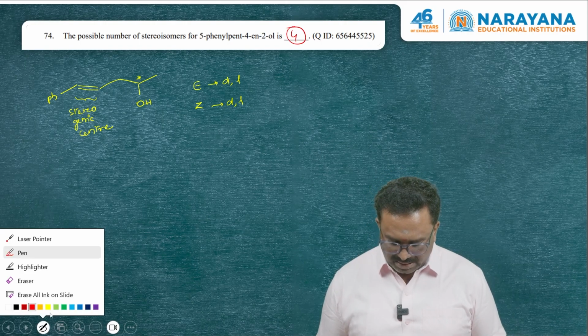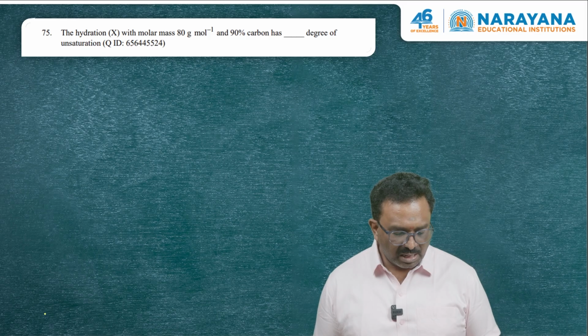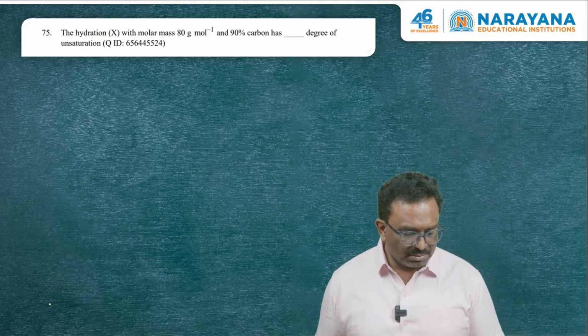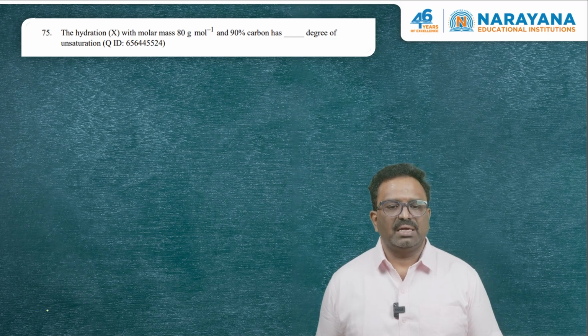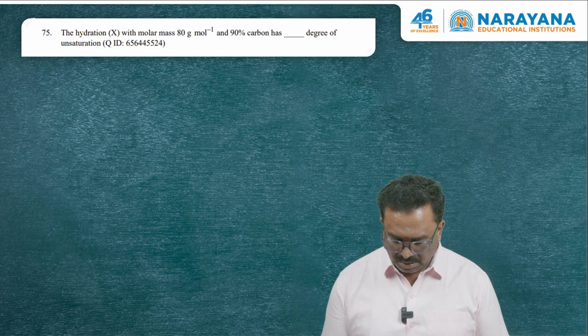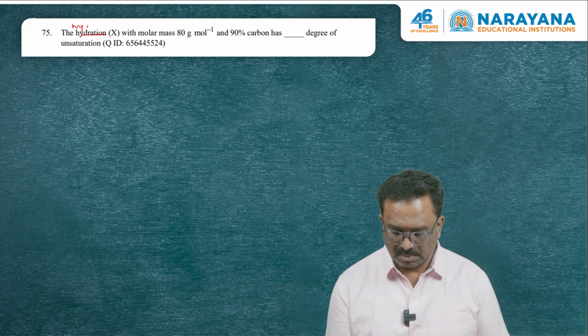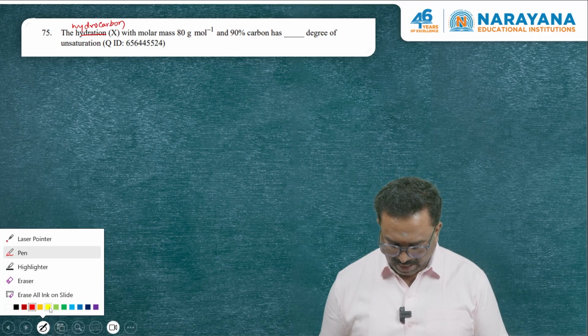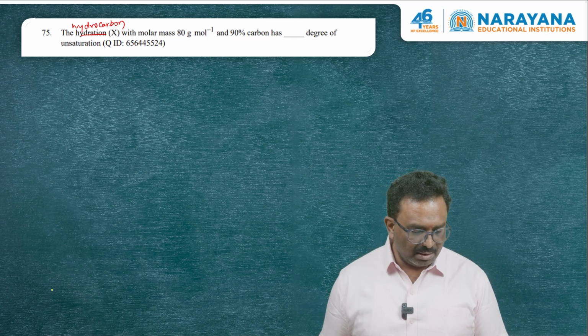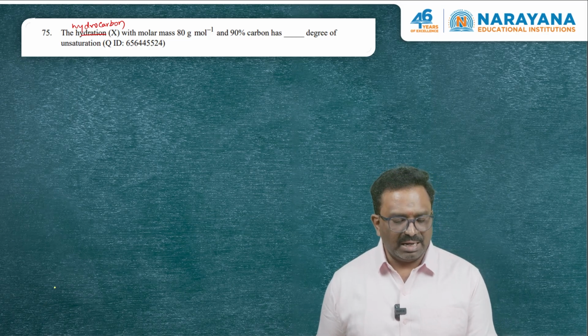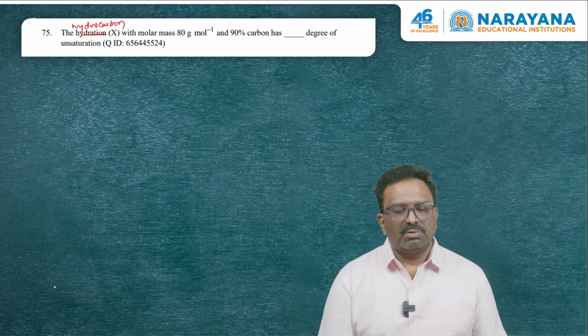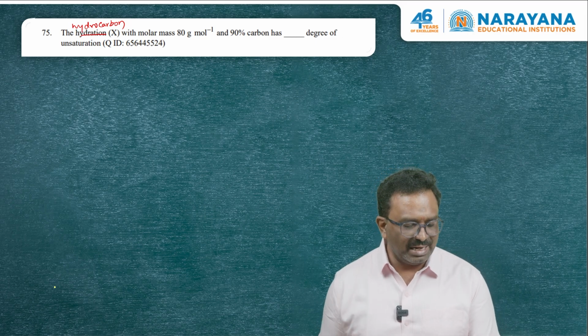Let us see the next one here. Hydrocarbon with molar mass 80 gram per mole and 90% carbon has. So now you can identify the hydrocarbon which has 90% of the carbon, which was given molar mass is 80 grams.